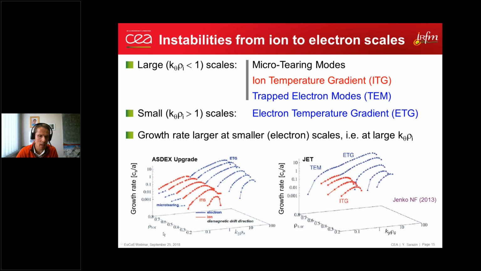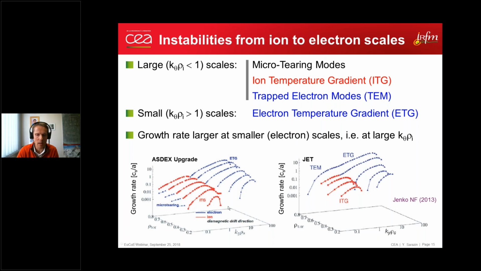What you can see on ASDEX is that when you go to the edge, close to 0.7, 0.8, you develop microtearing modes, and you have several other instabilities. You have the ITG and the ETG.